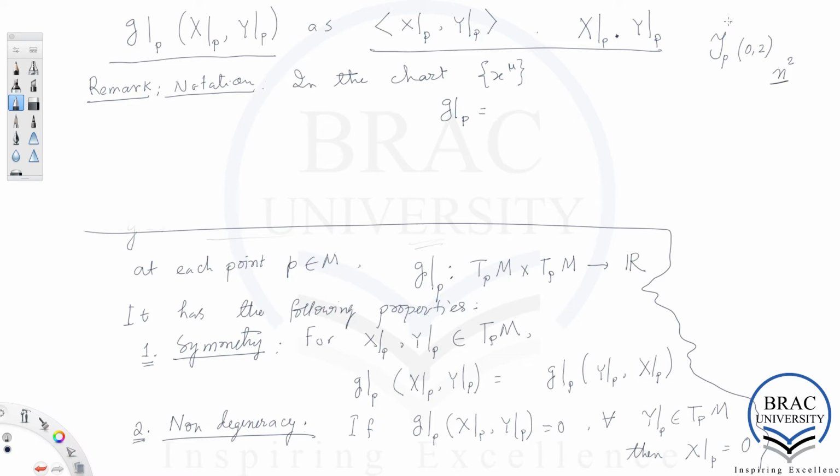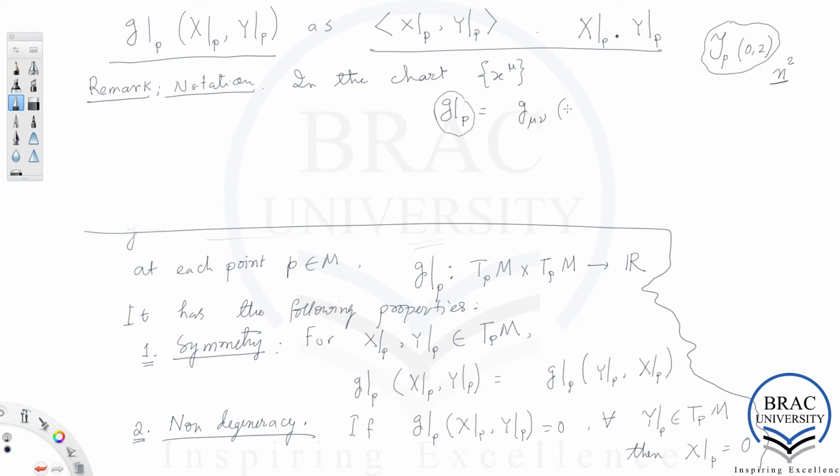So there are n squared basis elements, and each of these tensors can be written as a linear combination of these n squared basis elements, and this is what we are doing now.